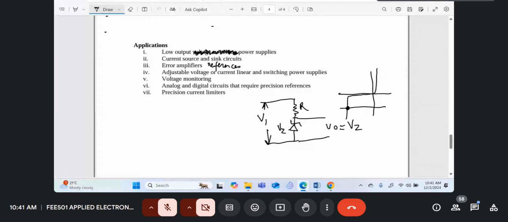And when the load current increases, we'll always ensure the current going to the shunt will be less, so it'll be operating over here. When the load current decreases, here.